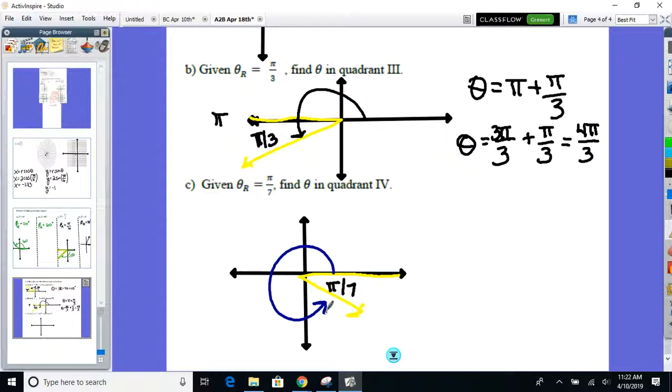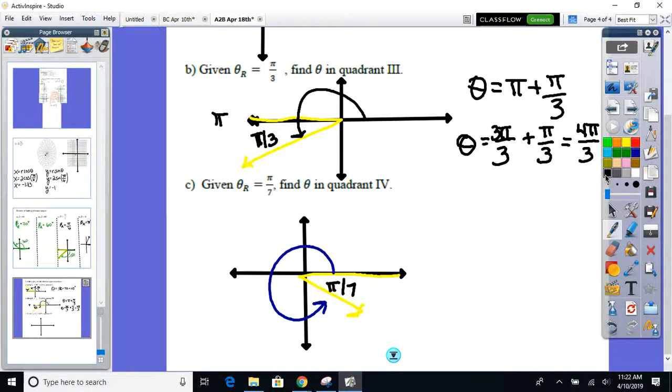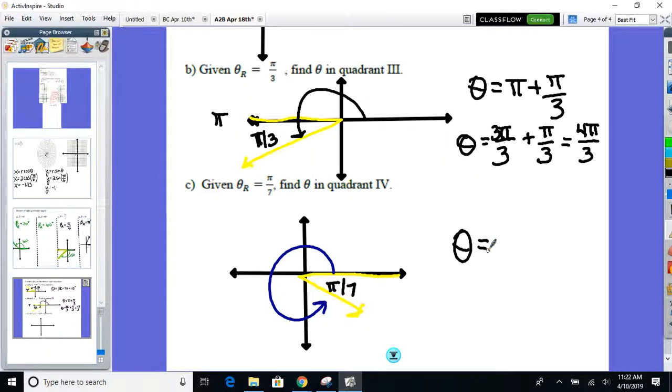No converting. What are you going to add or subtract together before I start changing denominators? Yes, Matthew. Okay. 2 pi, which is all the way around. But then what do I have to take away to get to the angle I'm looking for here? Minus pi over 7. Yep. We okay there?